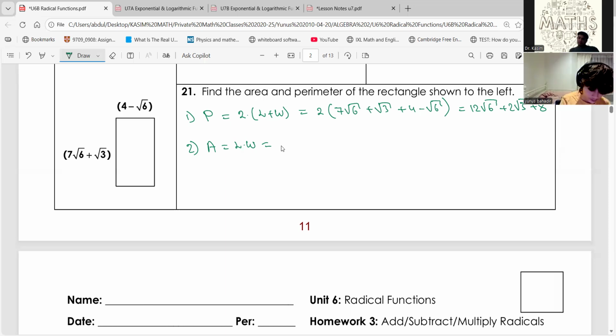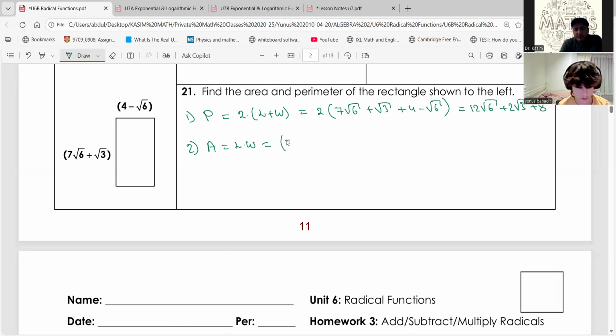Okay, I have negative 42, and then I have 28 square root of 6. I have 4 square root of 3, and then I have minus 3 square root of 2. Yeah, that's correct.